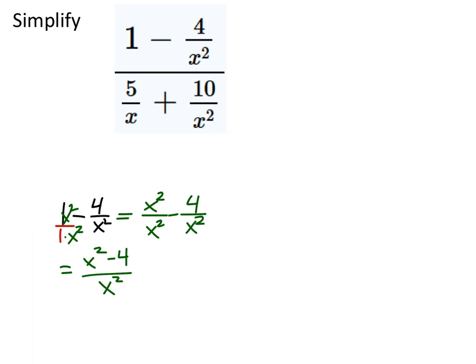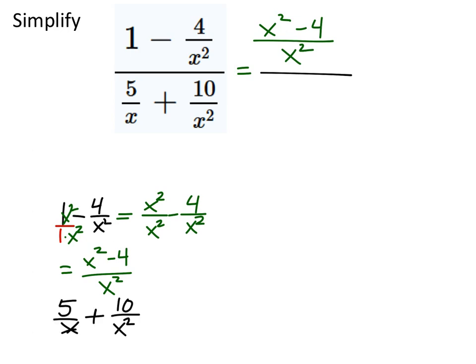Now some of you notice that's the difference of squares right there, but it's not necessary that we do that yet, okay? I assume it will be later, but I just don't know. So that gives me a numerator of x squared minus 4 over x squared. Now let's work on that denominator stuff.